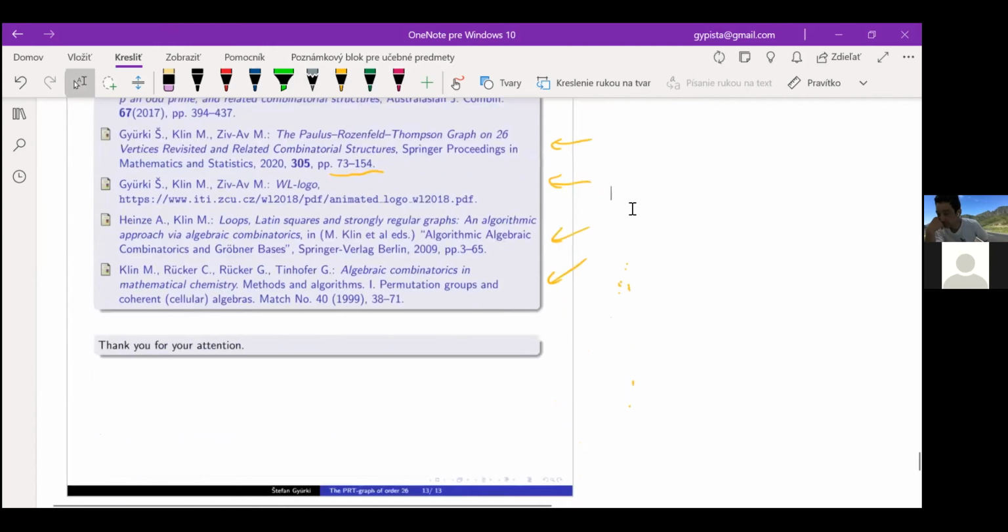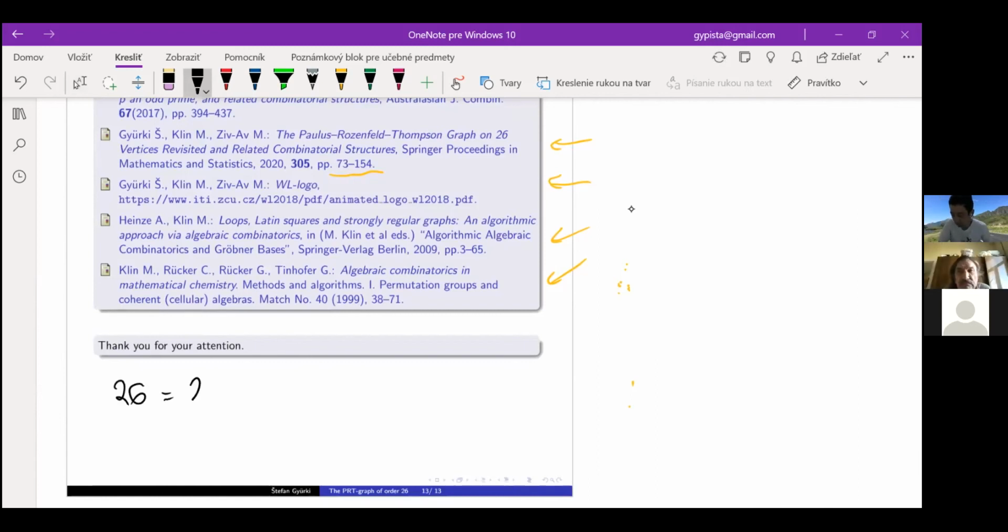Okay, maybe not on this graph, but I know that 26 is 2 times a prime and also a prime square plus 1. So from this reason, it has some unusual properties.